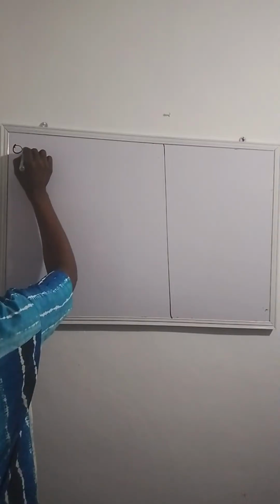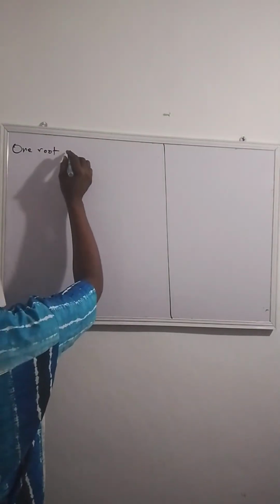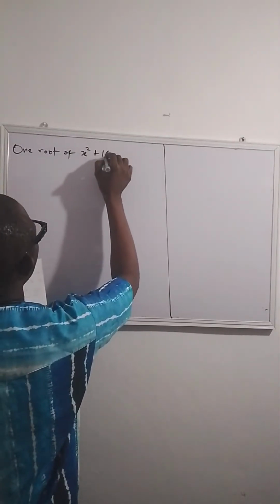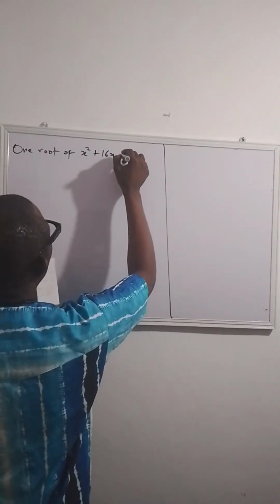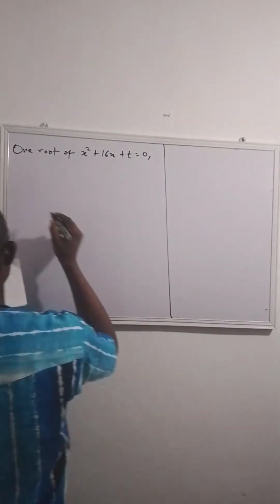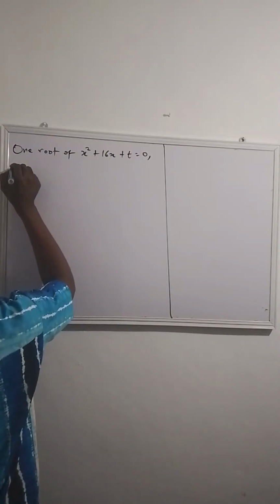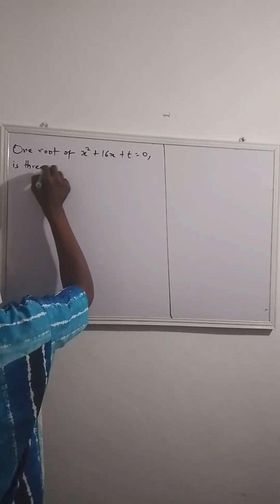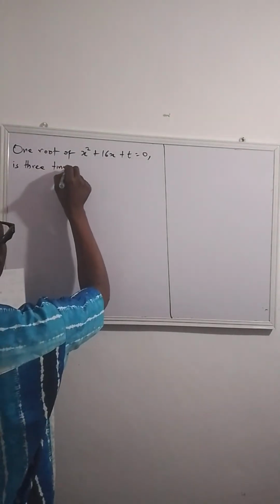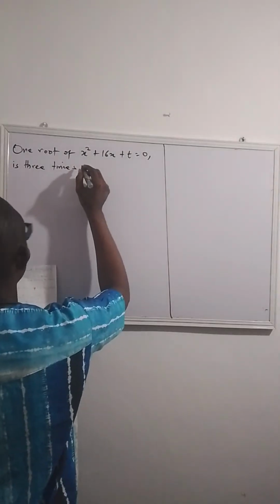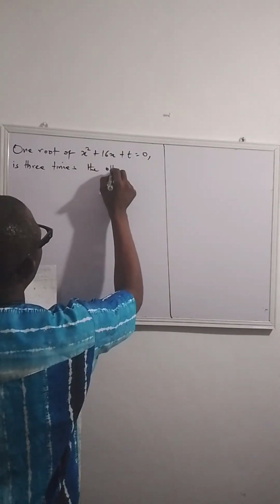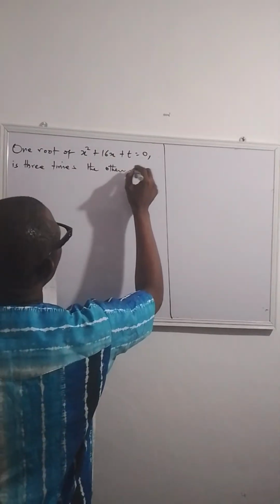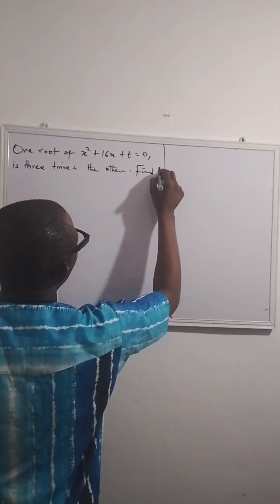Now, one root of x squared plus 16x plus t equals to 0 is three times the other.